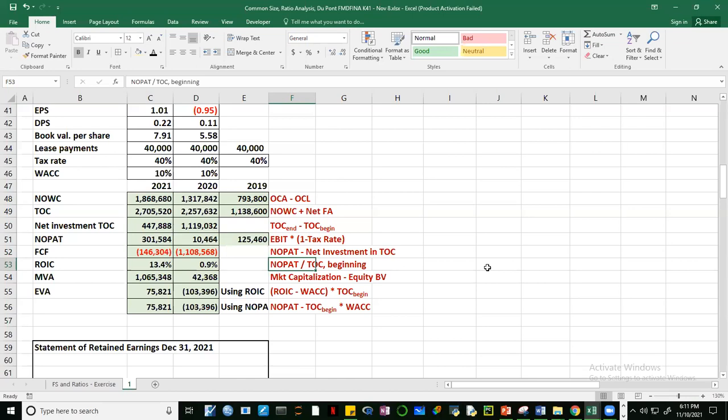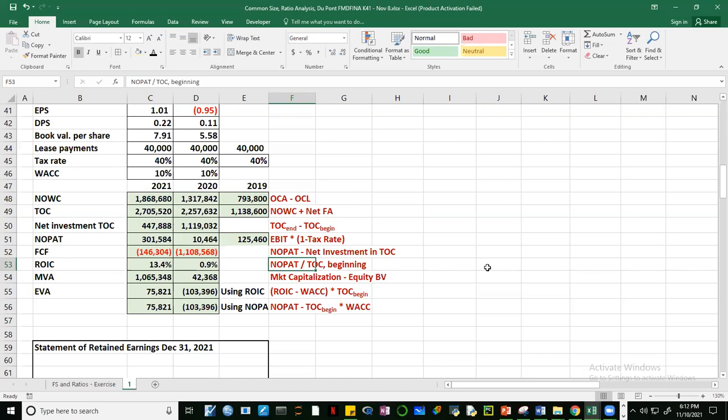But in 2020, value was destroyed because the ROIC was not even 1%. So the performance in terms of return on invested capital was way higher in 2021 compared to 2020. So 2020 seems to be a very poor year for the company.